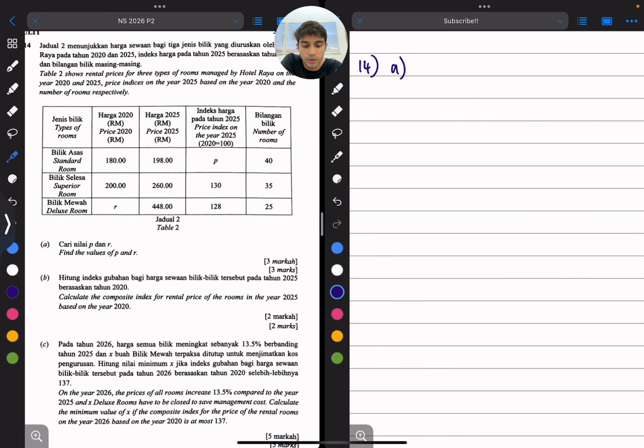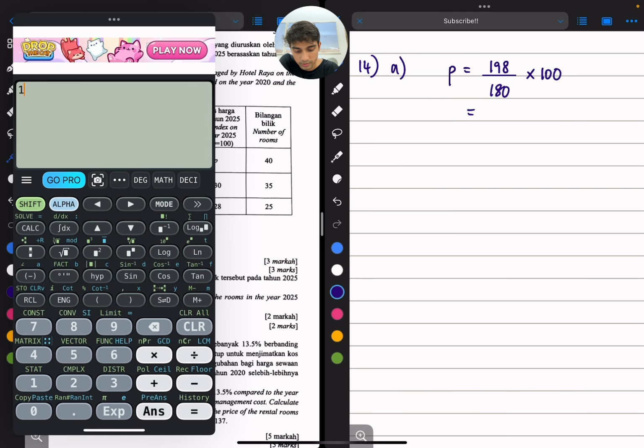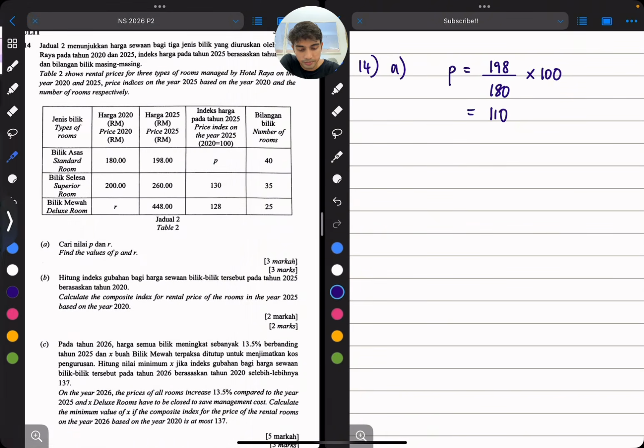So when they say 2020 equals 100, they are trying to say 2020 is the base year. So 2025 based on the year 2020. So you can say P is 198 over 180 times 100. This is the formula for index. We get 110.